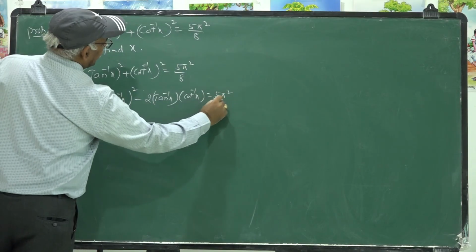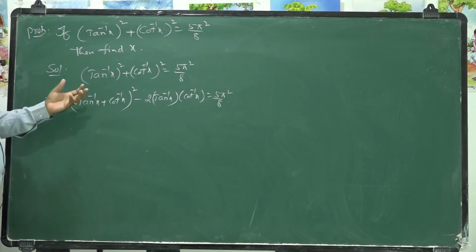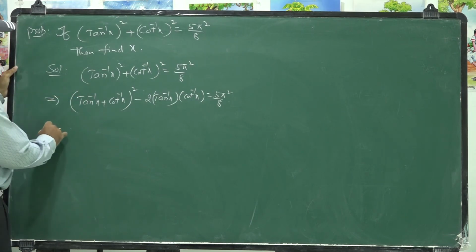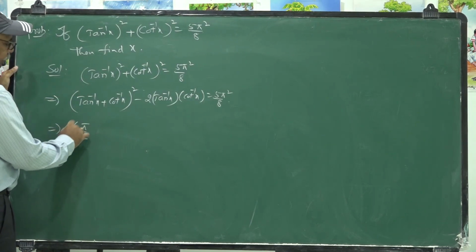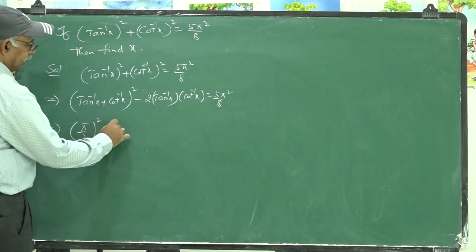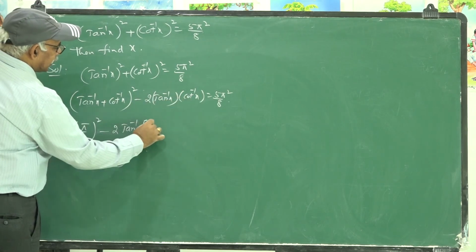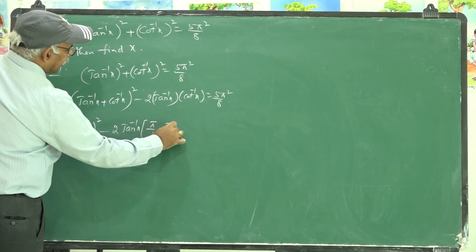But we know that tan inverse x plus cot inverse x is pi by 2. Change this cot inverse x as pi by 2 minus tan inverse x.